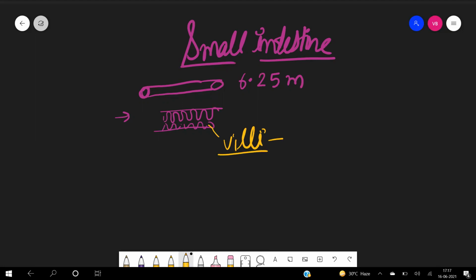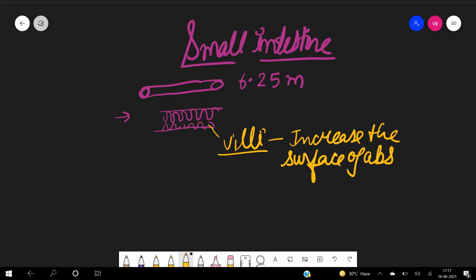What is the function of villi? They will increase the surface of absorption. थोड़ी सी जगह में ज़्यादा absorption food का, and then after absorption the food will go through blood to various parts of the body.